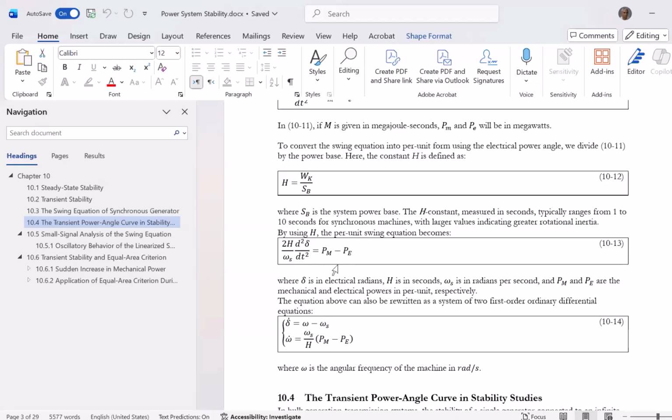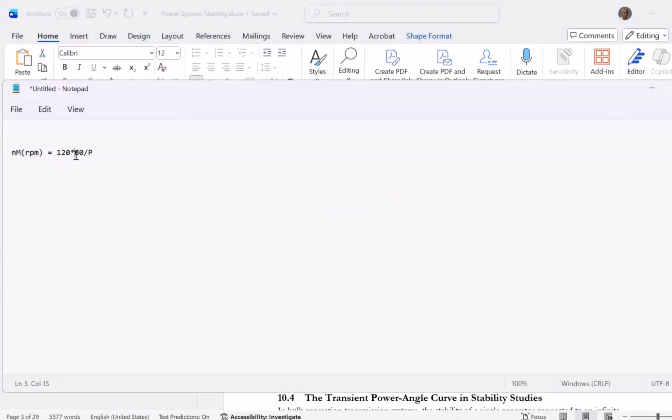Because of that mismatch, if PM gets greater than PE, there would be a speed up in the rotors, because where should that extra power go? The system doesn't want it. The mechanical system is pushing it, so it has to get accumulated somewhere. And that's the rotor mass of the generator, where that extra power gets accumulated and causes acceleration. That acceleration will translate into an increase in the frequency of the system, right? So that would be the case where we have overfrequency.